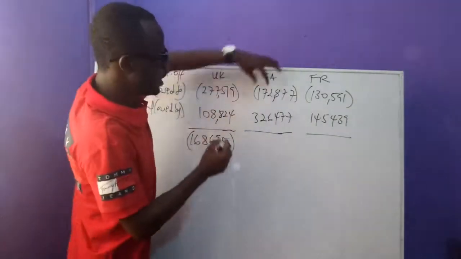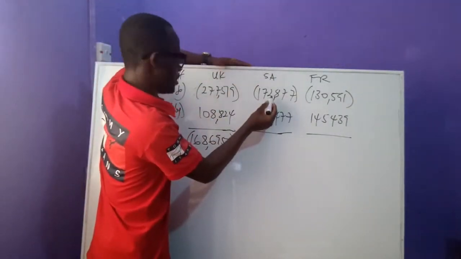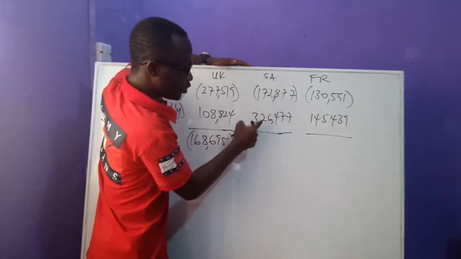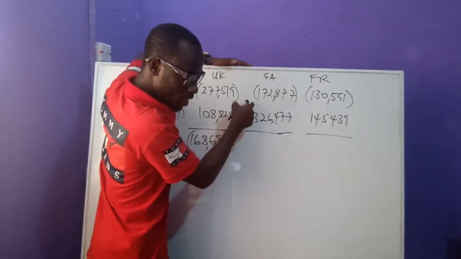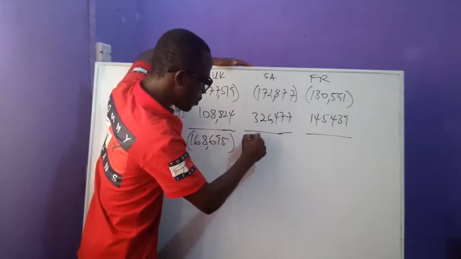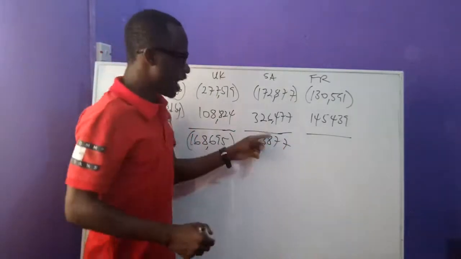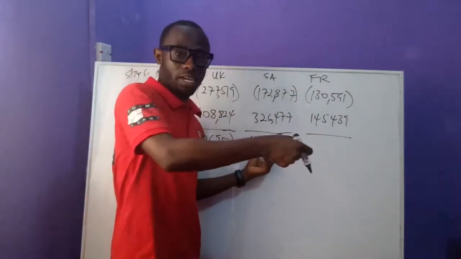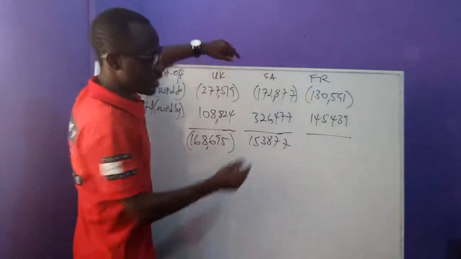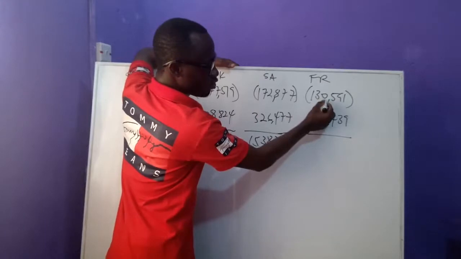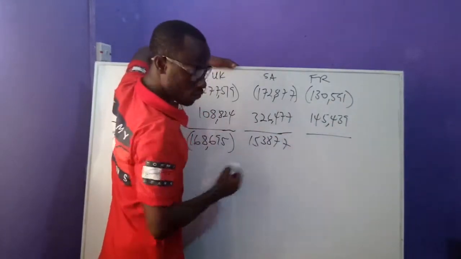After that, these people must receive this, but they are supposed to pay this, and you could see that it's very big. So when you check it out, the difference is going to be 153,877. So they are supposed to pay this extra money in relation to the settlement, and the France company will also receive 130, but they have to pay 145.